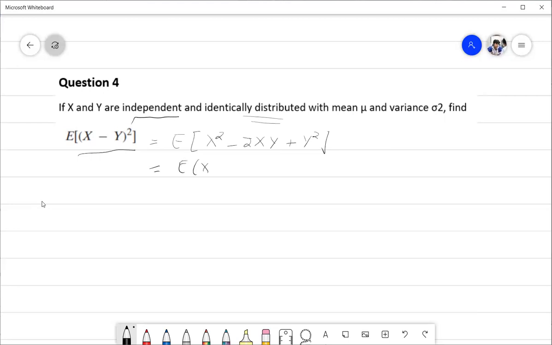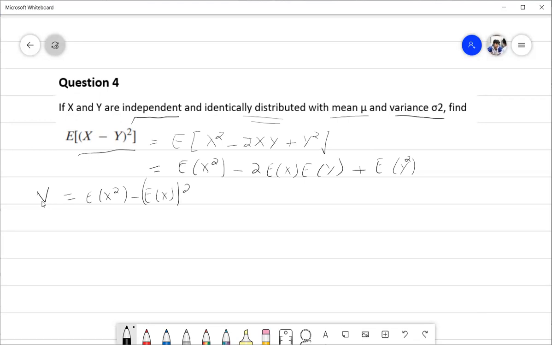Now, because they're identically distributed and independent, I can separate this as E x square minus 2 E x E y, plus E y square. I've separated this because x and y are independent. Now, is there a formula I know that I can use to convert E x squared to something in terms of a mean and a variance? I think the variance formula does help in this case. What is the variance formula? The variance formula basically says that it should be E x square minus E x whole square.